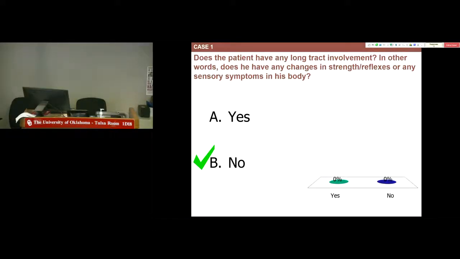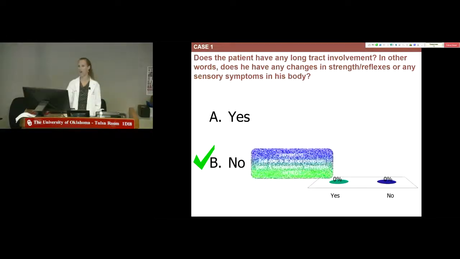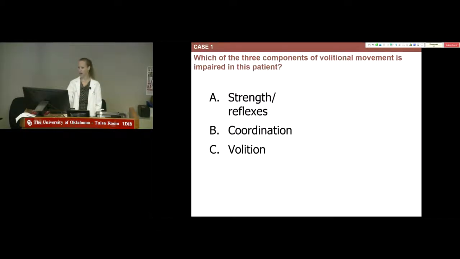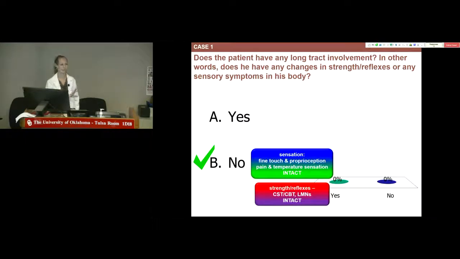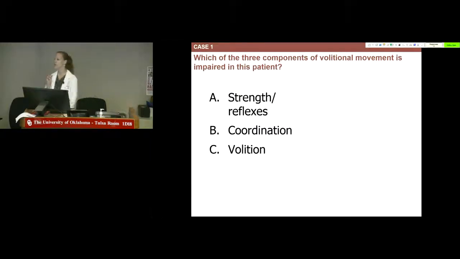So this is probably something associated with the cerebellum, not with the long tract. So in terms of localizing our lesion, fine touch, proprioception, pain and temperature sensation were intact. The corticospinal tract is specifically for strength and reflexes, which is what you would do to assess that function, and that was all fine. But there are three components to movement in the body.